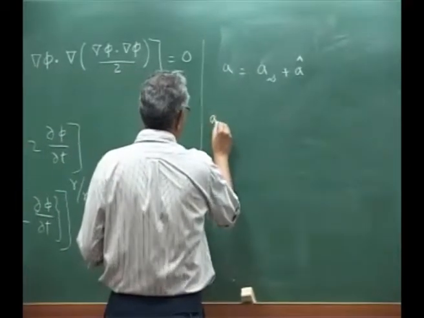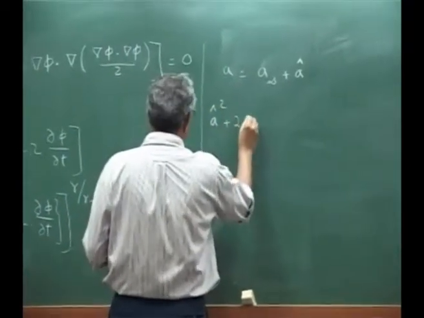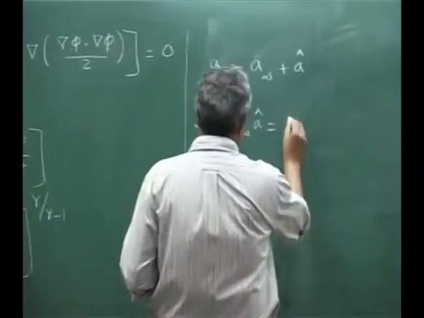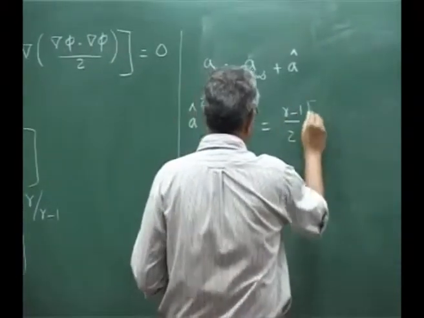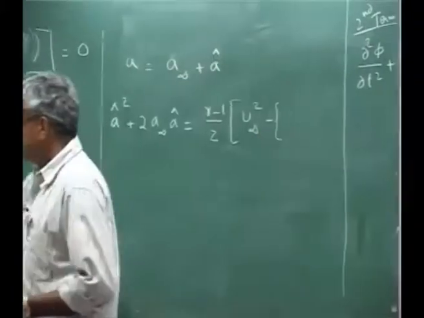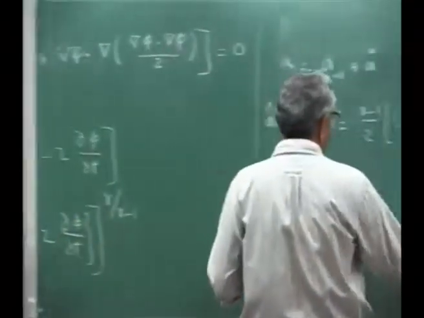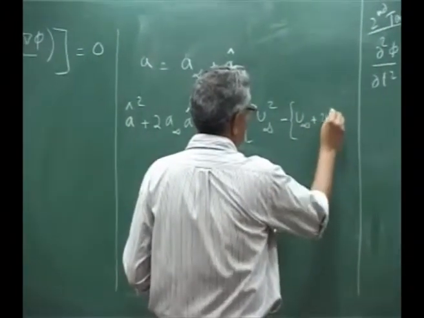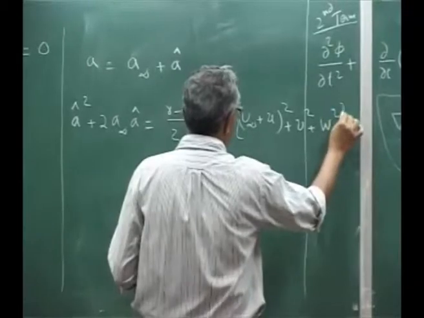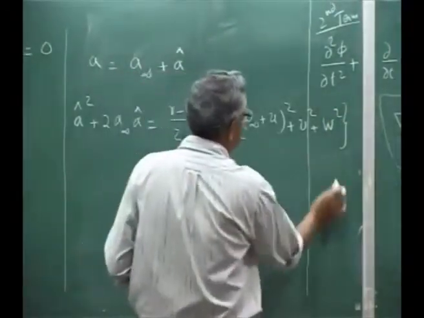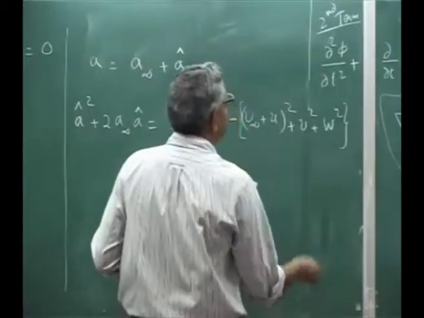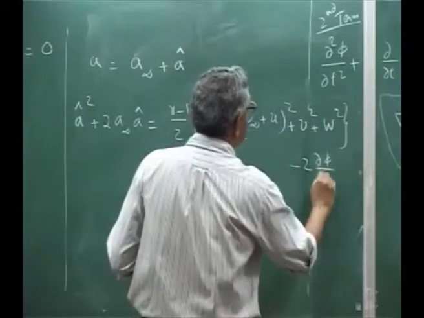So you will have a hat square plus 2 a infinity a hat equals gamma minus 1 over 2 times u infinity square minus del phi dot del phi, which is nothing but again u infinity plus u whole square plus v square plus w square, minus 2 del phi over del t.